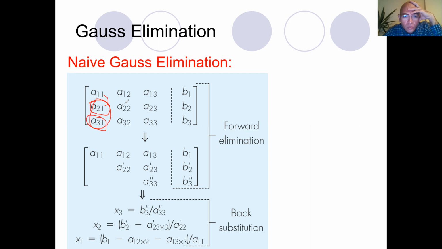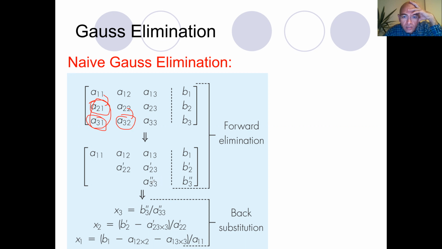Then I divide this second row with the A22 prime. Then I multiply it with the A32 prime and subtract it from this equation. So this becomes automatically 0. This is the forward elimination step, and as a result, I'm left with the upper triangular matrix.